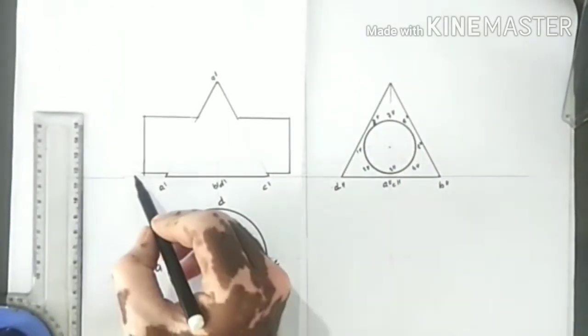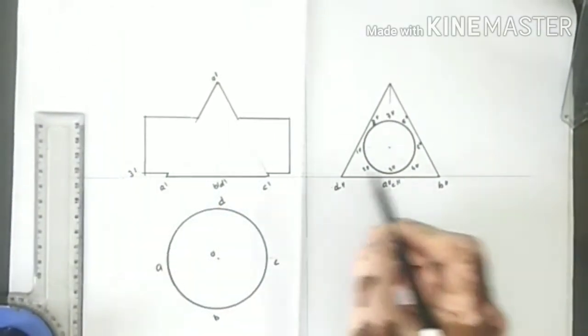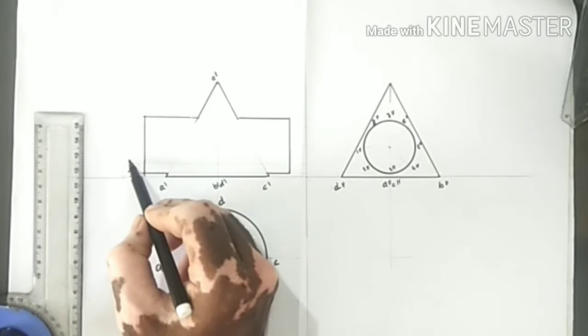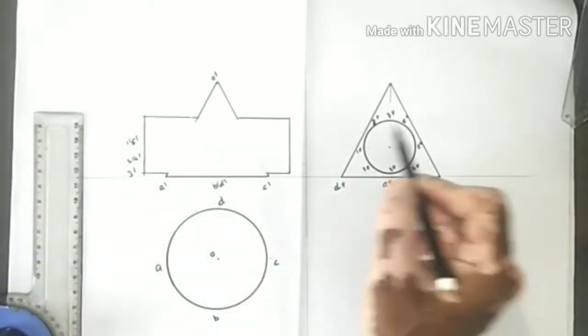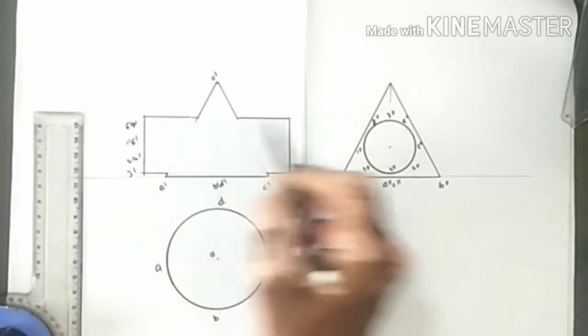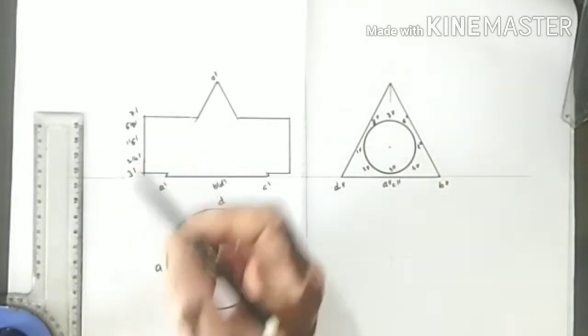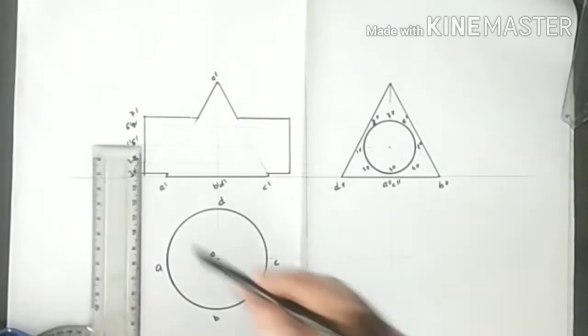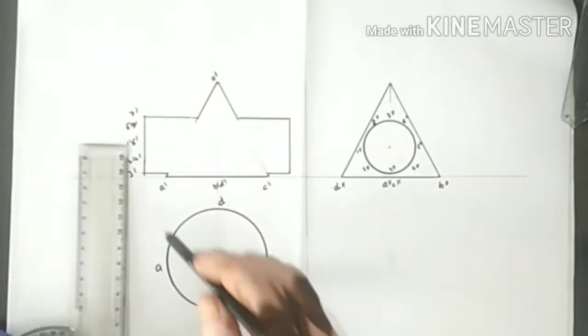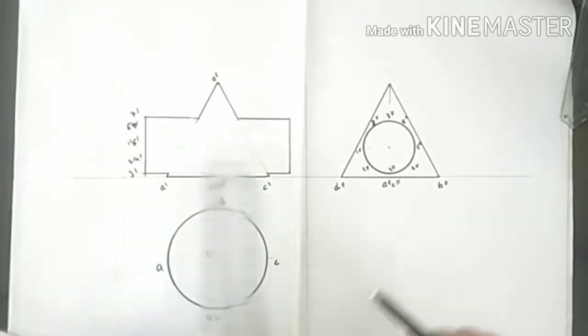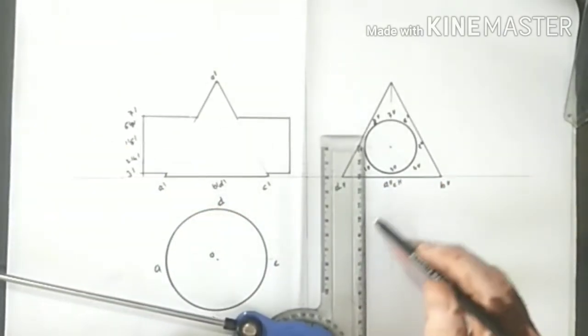So these are the generator 3, this 2 4, this 1 5, this 6 8, and this 7. Project it in front view, so length will be projected from front and width will be projected from side.